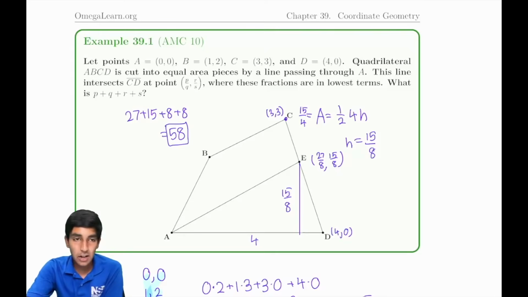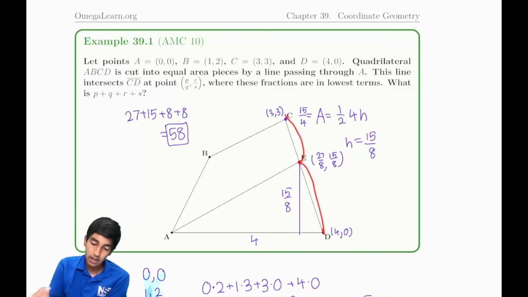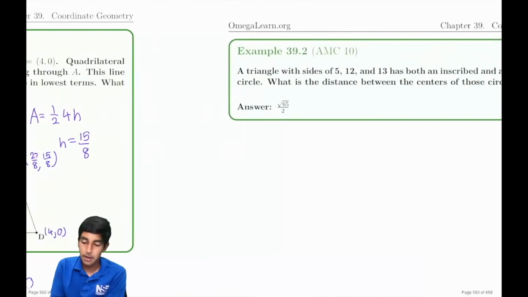The key idea, well, this was not a very difficult problem. The key idea was just use shoelace, then use half base times height in order to find what the height of the thing would be. And then once you found out what the height is, you use this equation of a line or this going up trick in order to find the x coordinate.